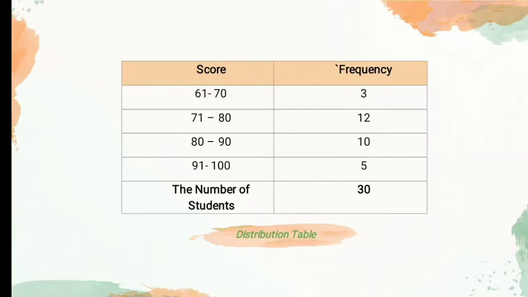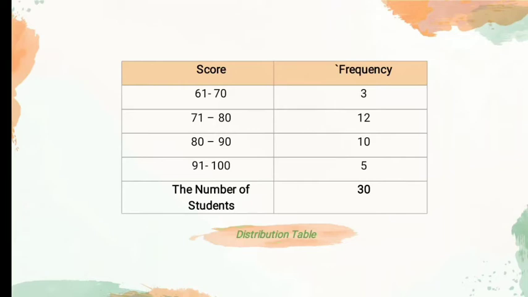Based on the picture above, it's known that the data for the daily test score of mathematics for grade 8A, with 30 students, and the values also vary, ranging from 61 to 100.